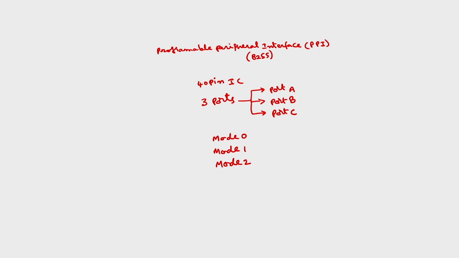Port A can operate in all 3 modes, port B and port C can operate in only 2 modes. The detailed pin diagram and the architectural diagram we will discuss in the next slide.